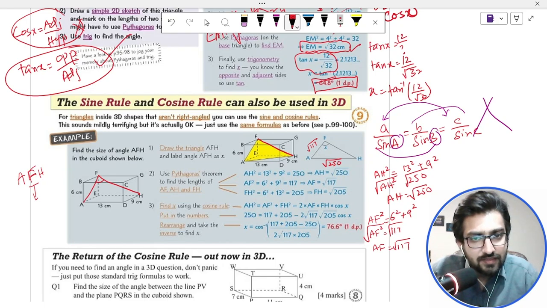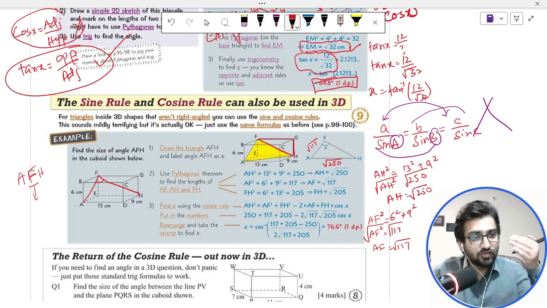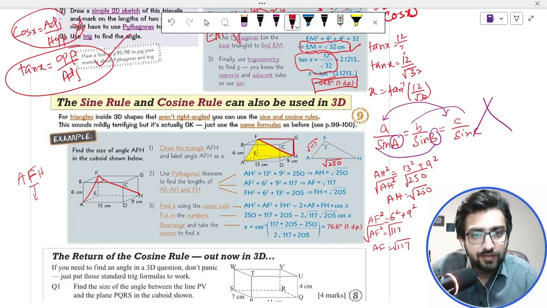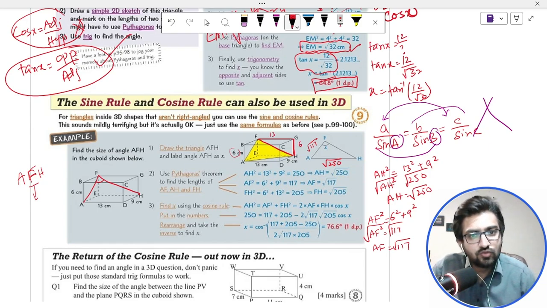Now you see this is another triangle, the one on the back side of that shape. We want to find FH. This is given, that is 6, so this is 6 and that is also 6. And that is 13, so this is also 13. So 13 and 6 both are given.